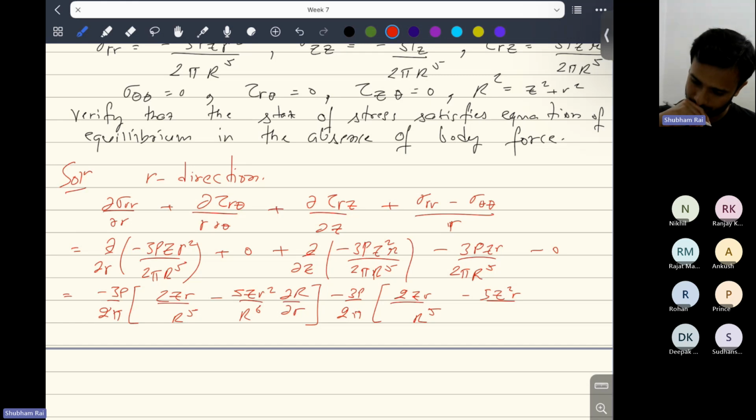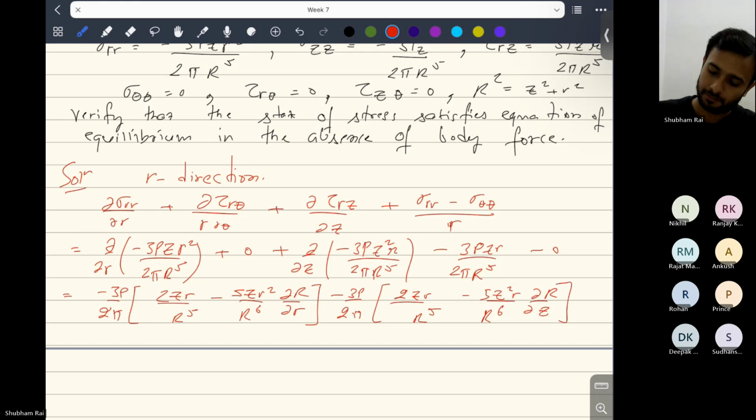Just checking. Okay, this is fine. So here you will get, minus 3p over 2 pi you have taken outside, so you get minus 5 z square r over R to the power 6, and del of capital R over del z.